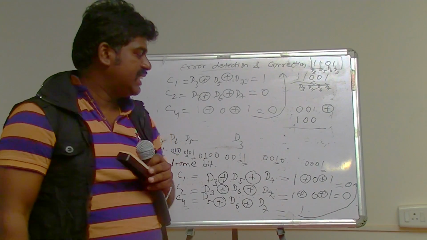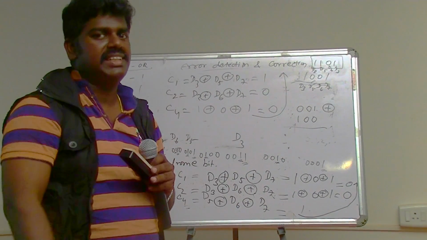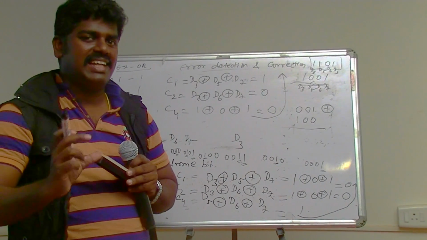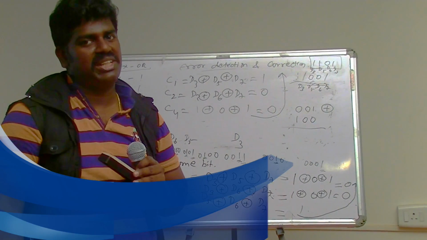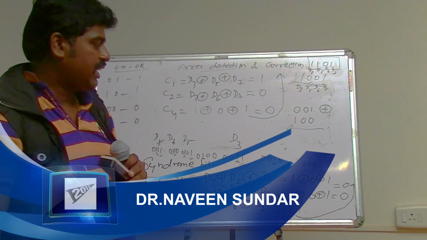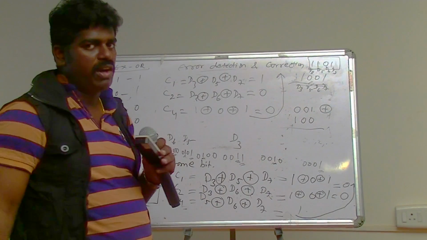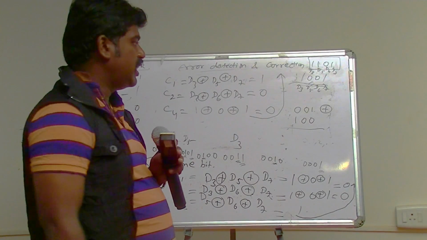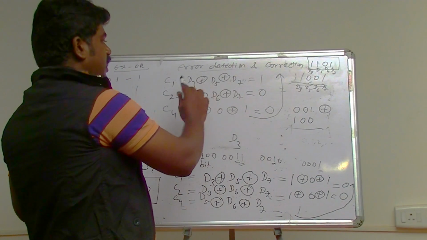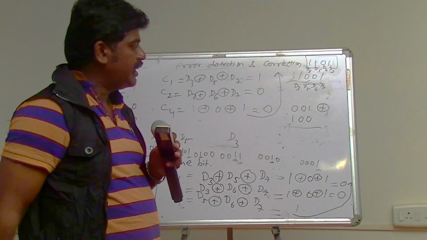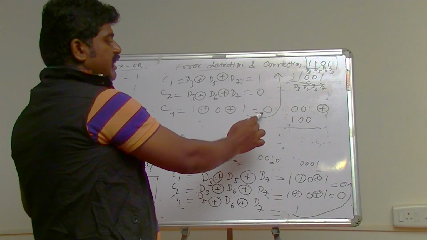Then from the higher bit, that is C4, C2 and C1, we take the results, and that 3-digit word is the syndrome word we found for the correct word. At the receiver end, again we applied the formula and found the exclusive OR of the data bits associated with each check bit for the wrong word, and we got the syndrome word 001.